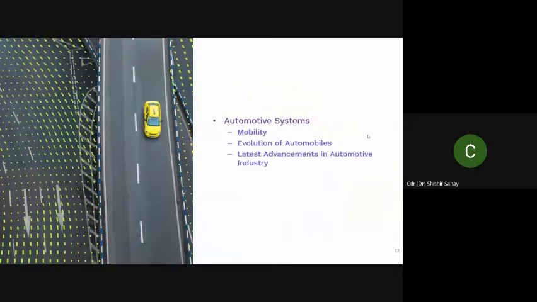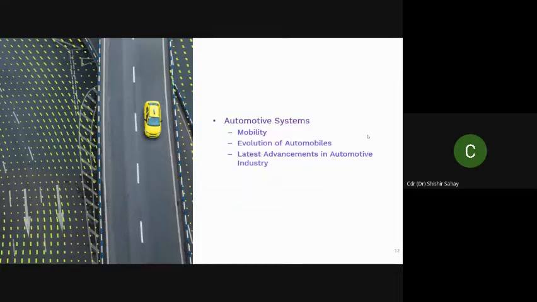Let's go into automotive systems, because that was the next part where, as a part of the topic, applications of artificial intelligence in mobility, right? So we talked about intelligence, we talked about artificial intelligence, and we now talk about mobility. What are the buzzwords in mobility, ladies and gentlemen?